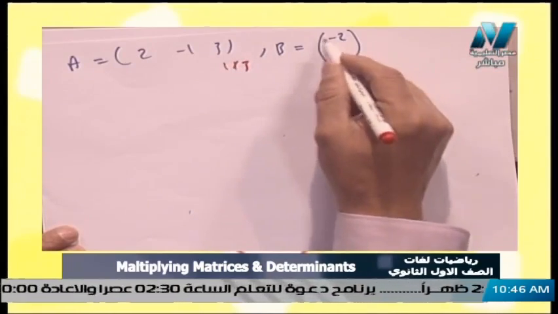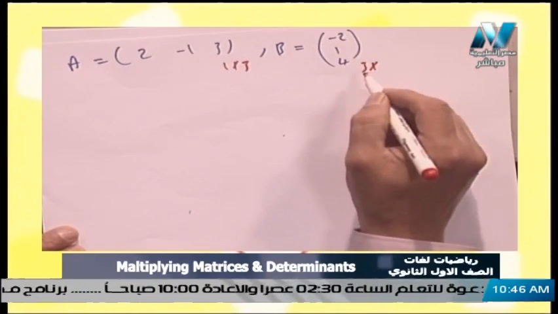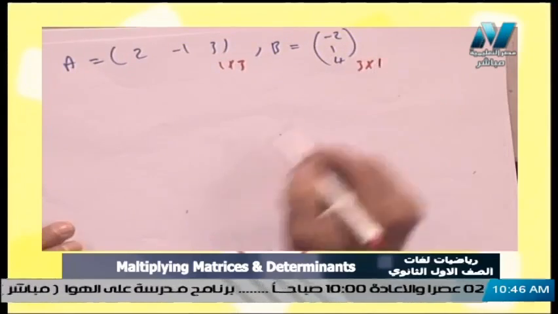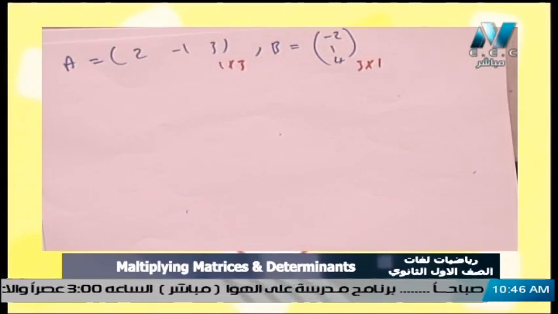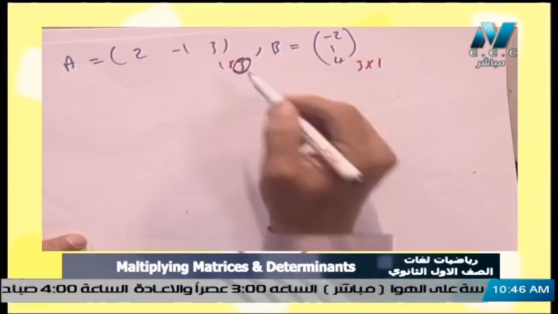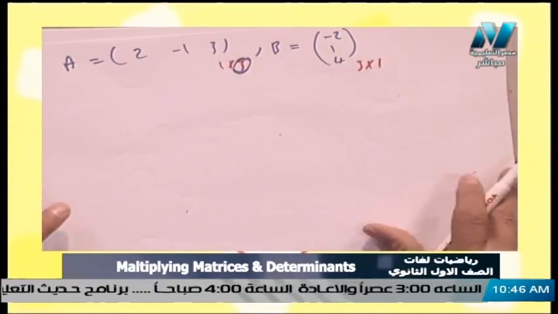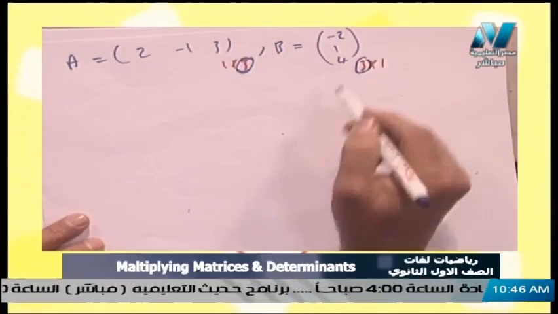The order of this is 3 rows by 1 column. And now the number of columns equals the number of rows, so it's possible.